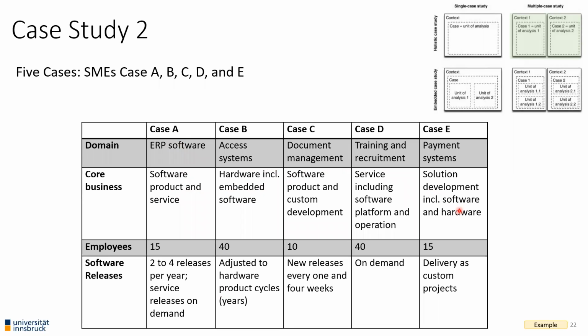More web development with agile. The embedded one is more traditional, waterfall oriented. So really to get a broad range of cases from SMEs, and not get a too narrowly focused perspective.